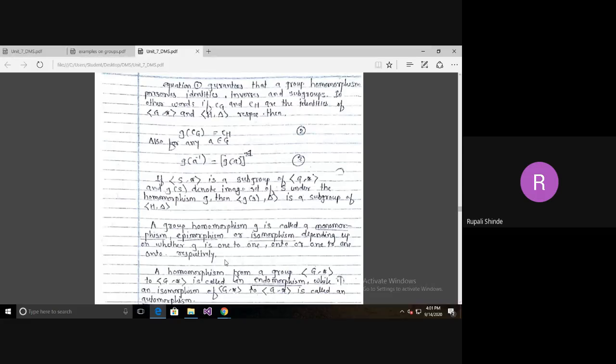So again, same definitions we have defined, like monomorphism, epimorphism, isomorphism, endomorphism, and automorphism. All these definitions we have seen with respect to semi-groups. So first one is for monomorphism. A group homomorphism G is called as monomorphism if G is 1 to 1.